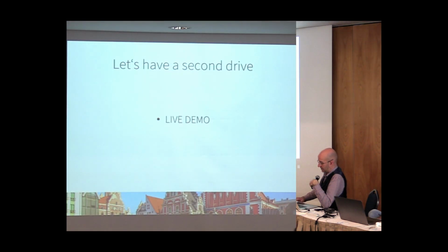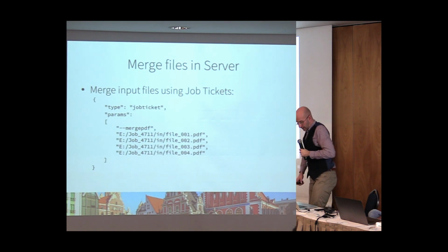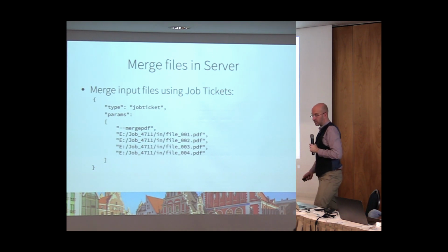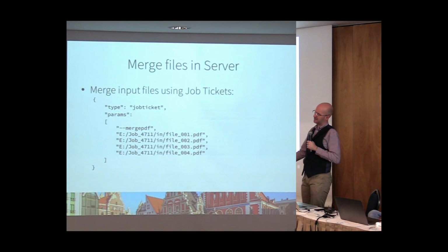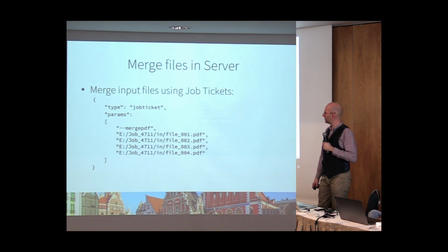So what else can we do with hot folders? We can also use, which was a frequent request, that we can merge files in server. There is this technical issue where we said, okay, this will never be. We thought it's too static. Each time we thought about that, in which order shall they be merged, these files in the input folder?